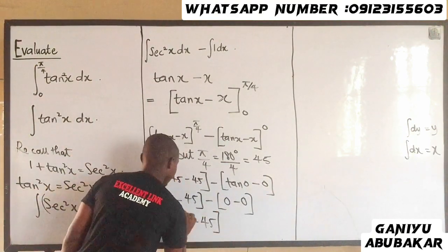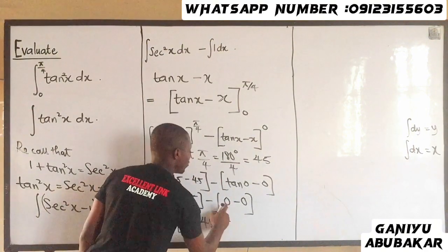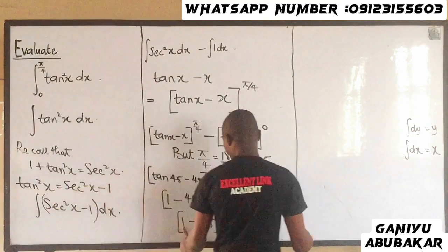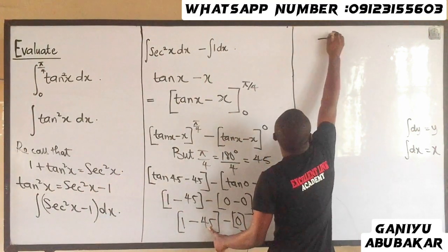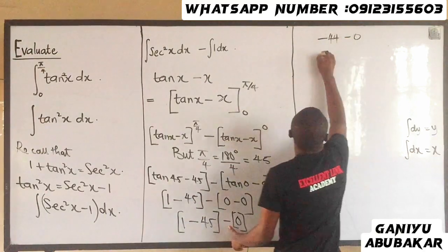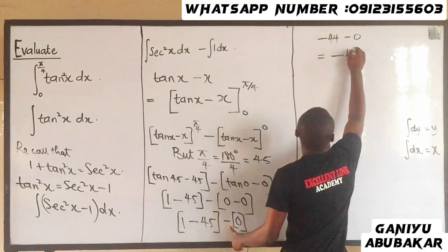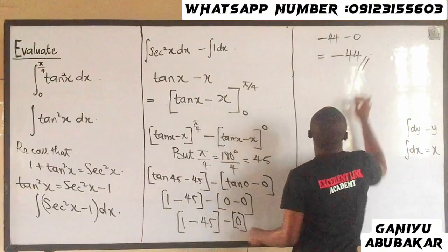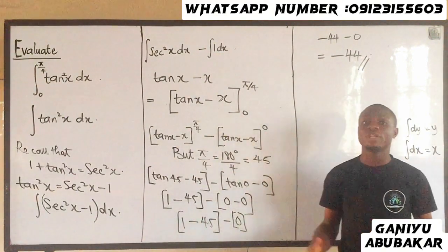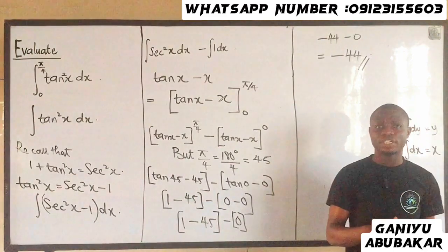Next up, minus 0 minus 0 is simply 0. So from here, 1 minus 45 is minus 44. Next up, minus 0. My answer becomes minus 44 after integrating that question. So this is how to solve a problem under definite integral.